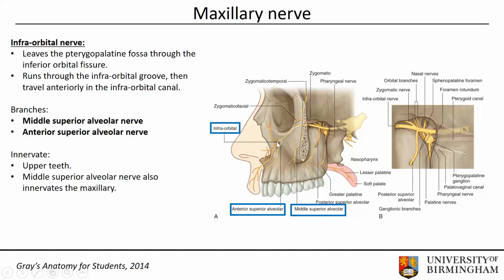In the infraorbital groove and also in the canal, it gives two branches, the middle, this one here, and the anterior superior alveolar nerves. Both of them will finally join the superior alveolar plexus to supply the upper teeth, and the middle superior alveolar nerve also innervates the maxillary sinus.